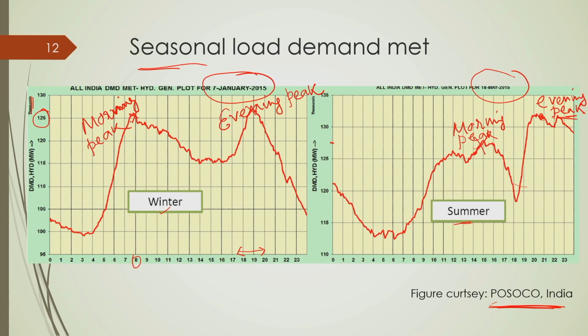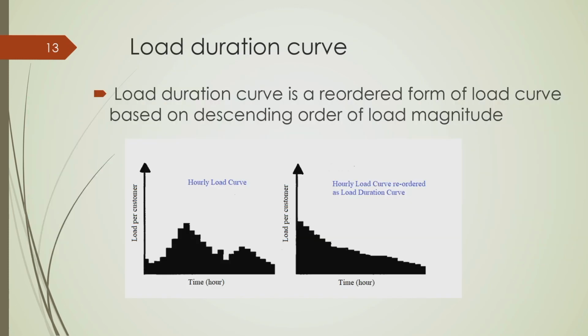Now, again as I said in my previous slide, the load duration curve is a reordered form of the load curve. In the load curve we can find out when the load demand happens, for example the peak demand happens at this particular time.